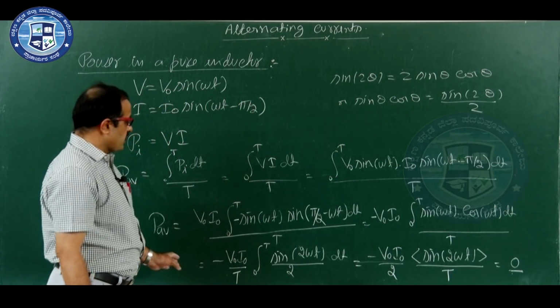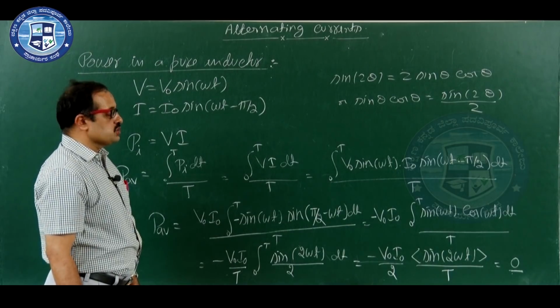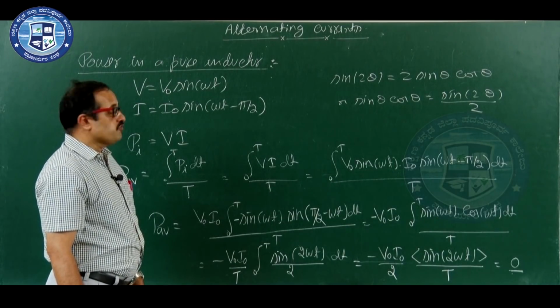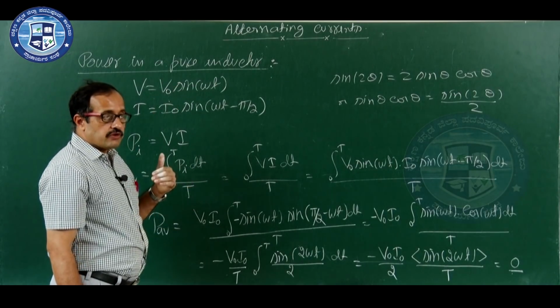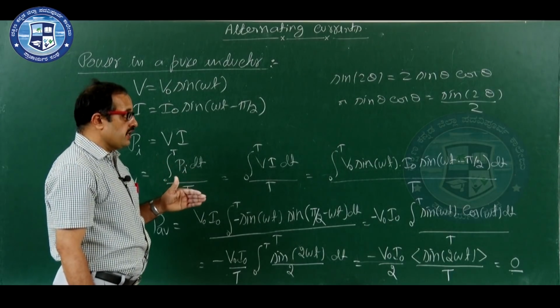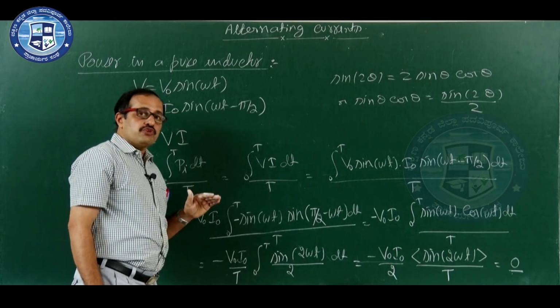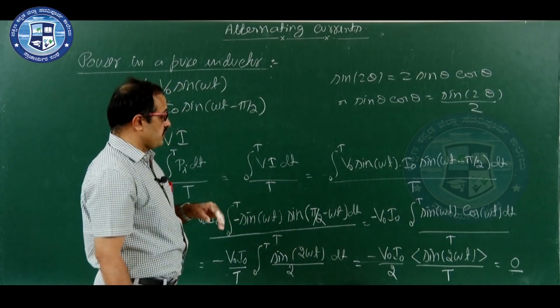Therefore, the average power consumed is equal to 0. Hence, over the complete cycle, a pure inductor never consumes any energy. That is why its opposition is known as reactance, not resistance.